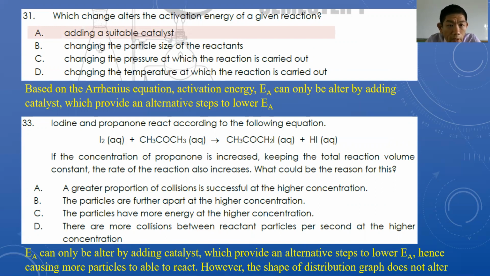Number 32, iodine and propanone react according to the following equation: I2 + CH3COCH3 gives CH3COCH2I + HI. If the concentration of propanone is increased, keeping the total reaction volume constant, the rate of reaction also increases. What could be the reason for this?